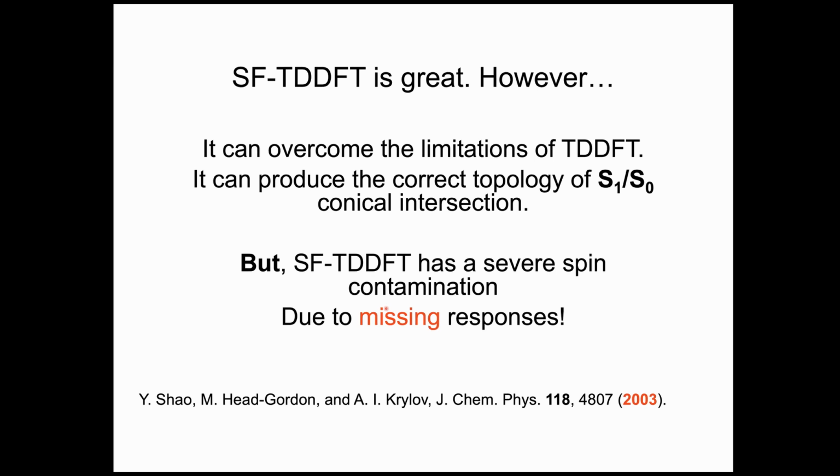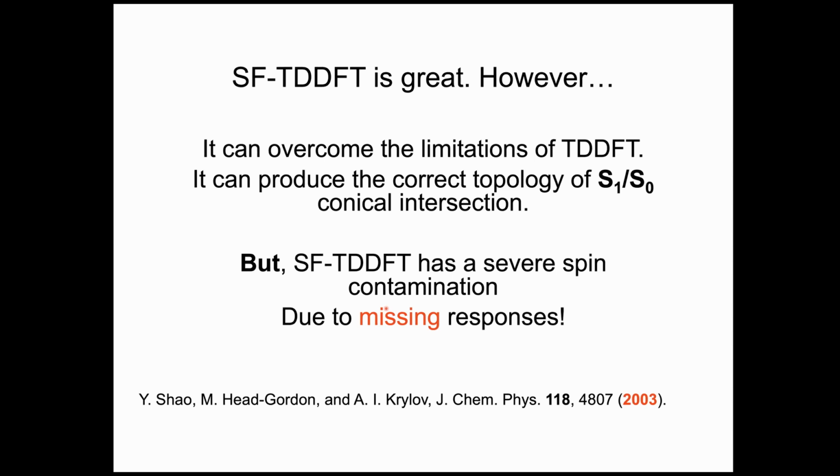This is very important. Because of the spin contamination, if you calculate your states and check the S square value, which gives you spin states, sometimes the S square value becomes 1. 1 means that it's a half-half mixture of singlet and triplet.